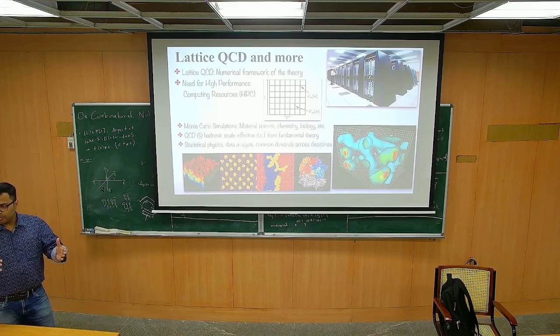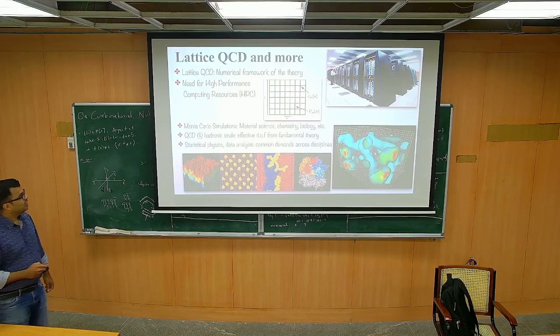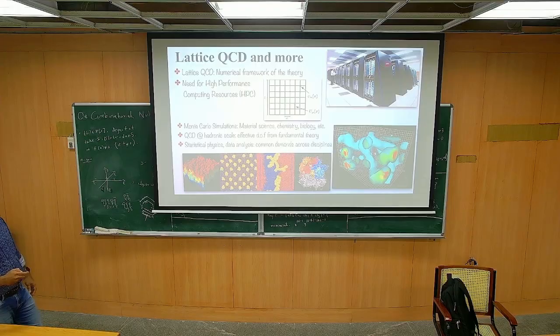We use those driving principles to evolve or simulate this theory on a computer. Okay? And we have these big machines where we put these kinds of instructions and make them run, and we get the solutions to the problems that we are interested in.